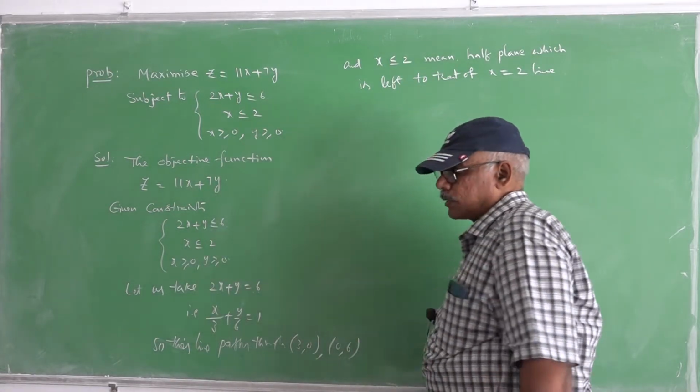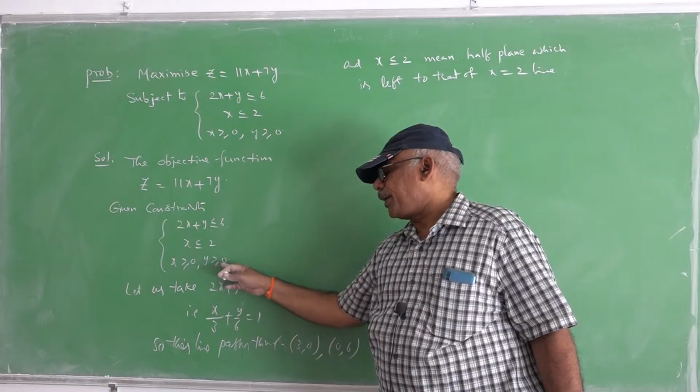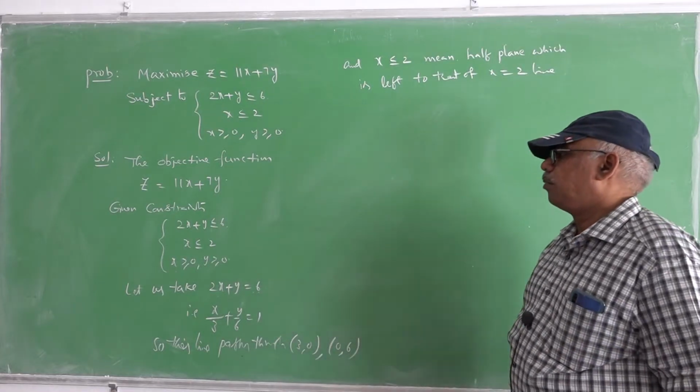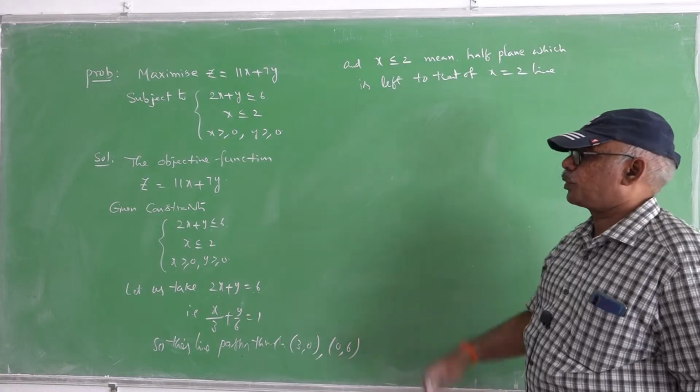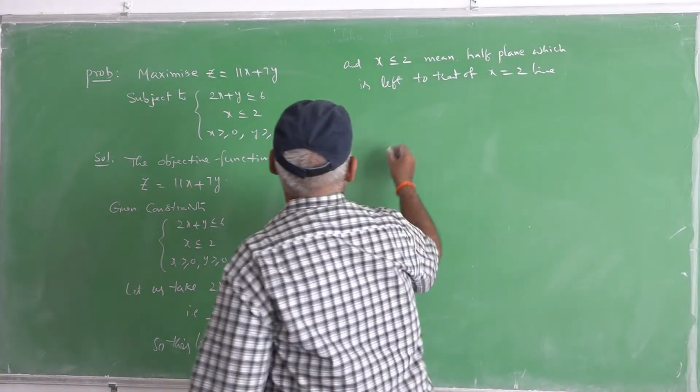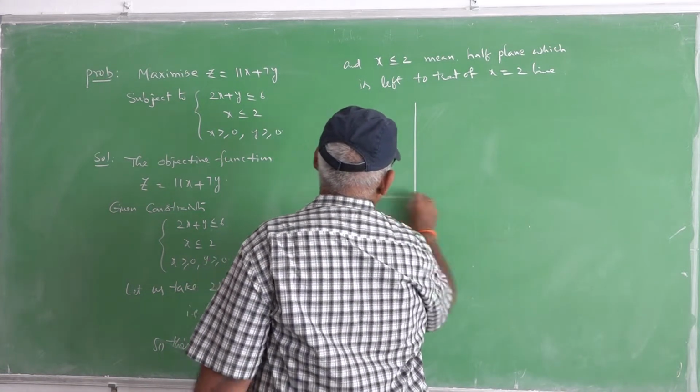Okay. X greater than or equal to 0, y greater than or equal to 0, so the feasible region is to be considered in the first quadrant. Okay. Let us draw this feasible region.